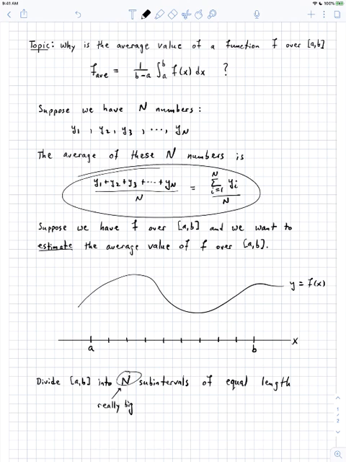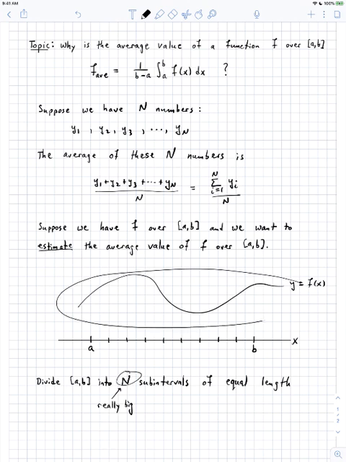This formula for the average value of n numbers works for any n. So what we're going to do is choose a very large n, because the idea here is that we want to have a lot of different values that, if they don't give us all of f, at least give us a good representative of the values that f can take on.